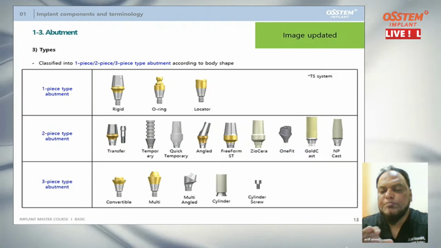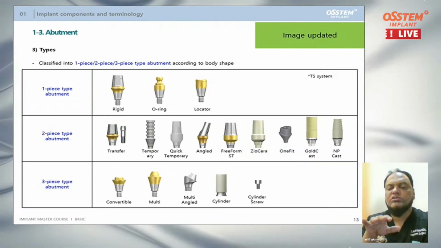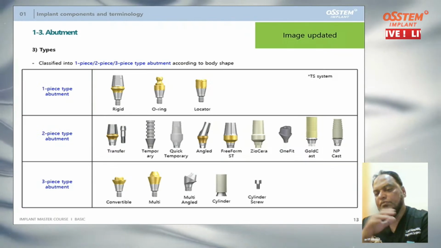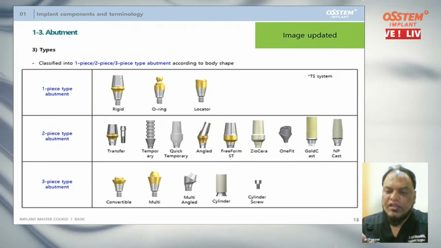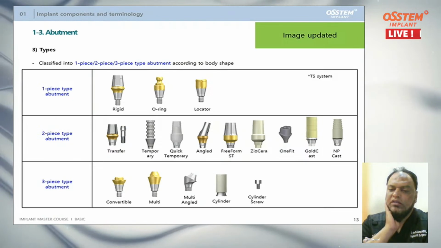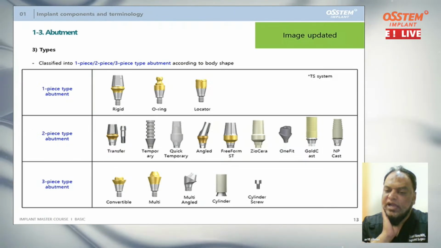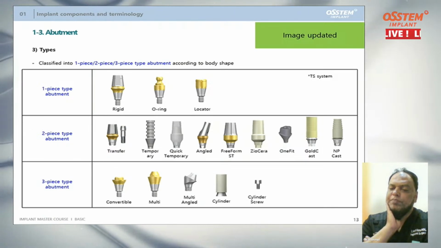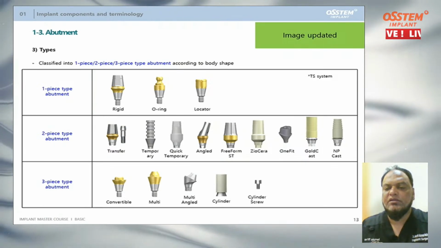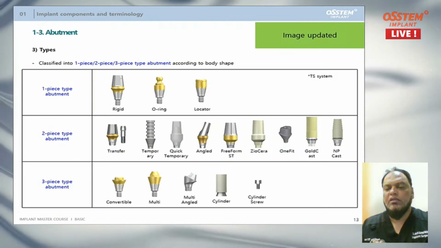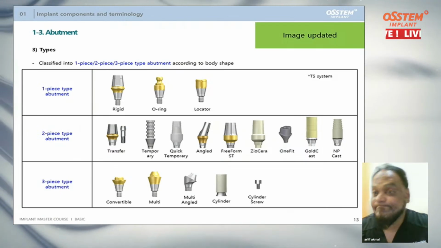Everything is planned. The patient walks in, you ask them to get the CT done, you send it to the lab where they prepare the crown and the surgical digital guide, everything is in place. You place the implant, the abutment, the crown and send the patient. And you're earning a lot of money.